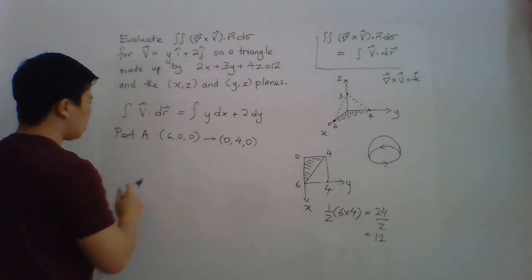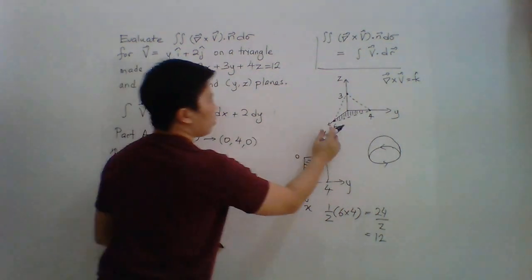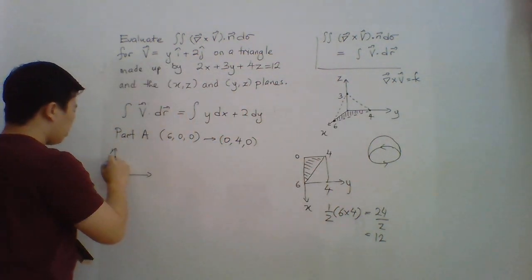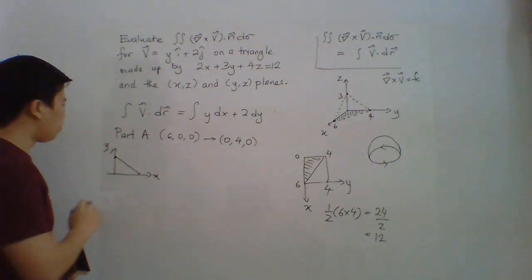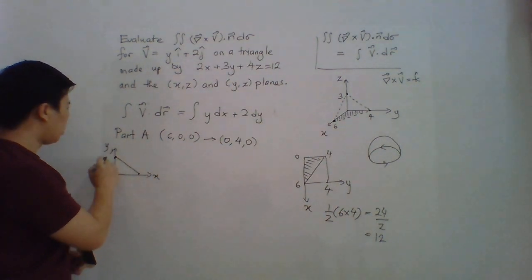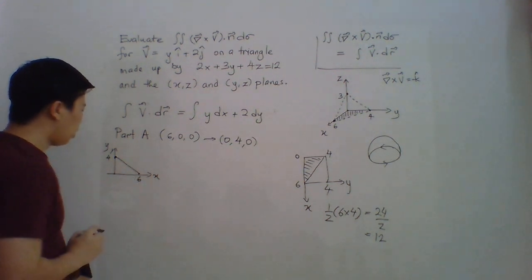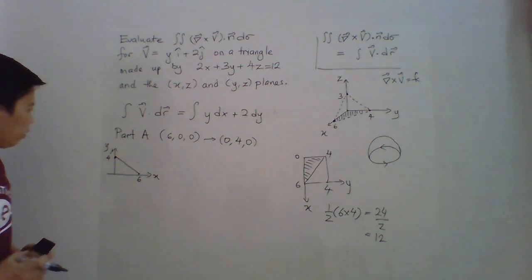So now let's say we have a line like this. So on this line from this point to this point, I will have something like this. So this is my x, this is my y. So this is going to be 4, this is going to be 6. And we want to find the equation of the line to represent this path.